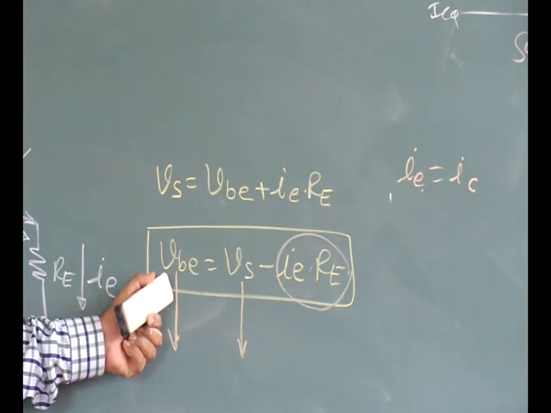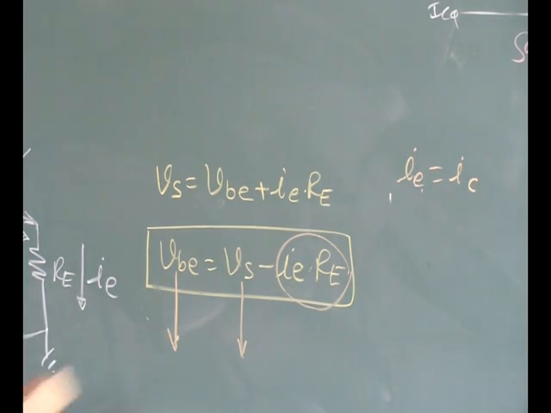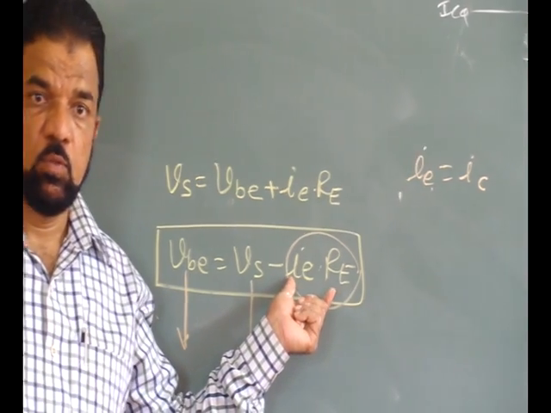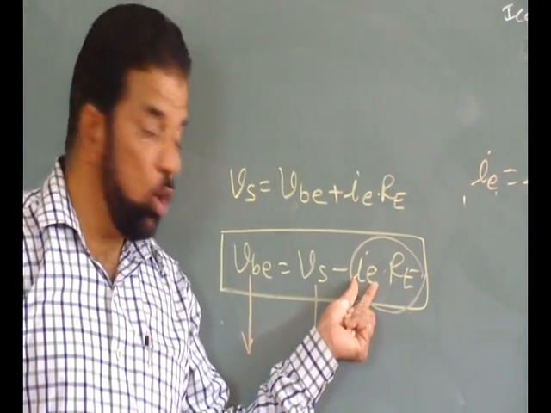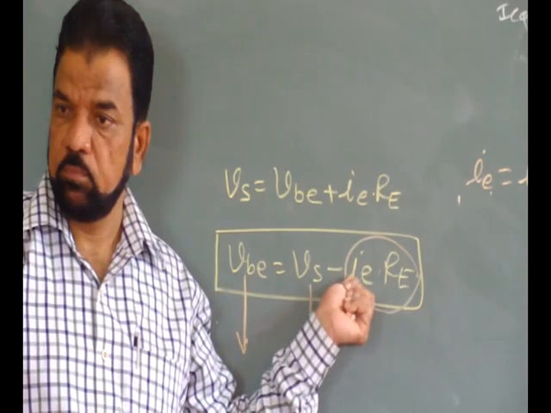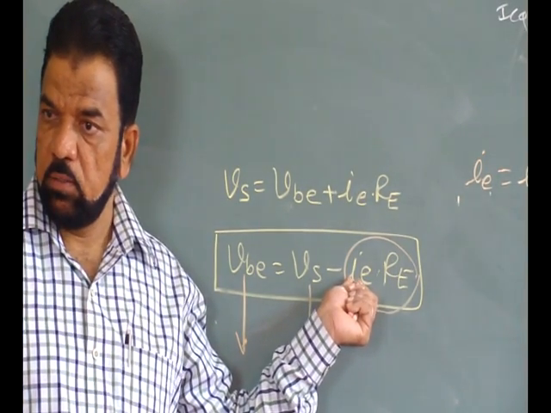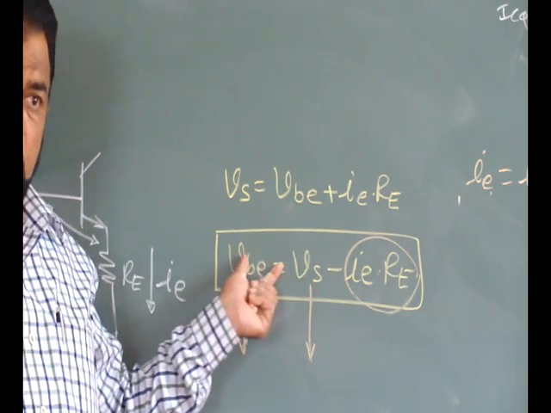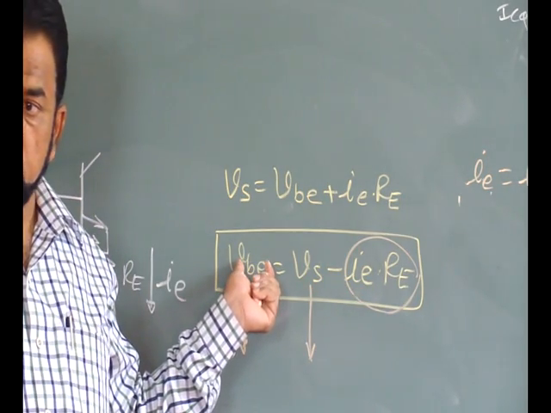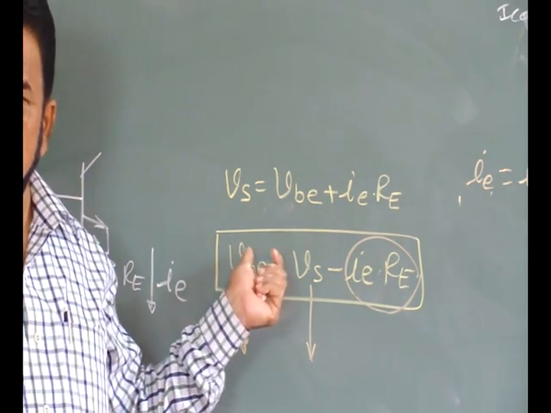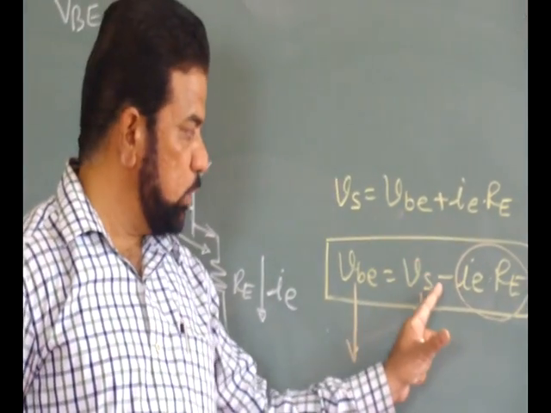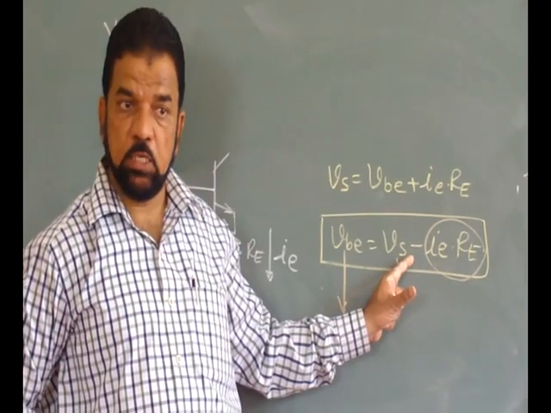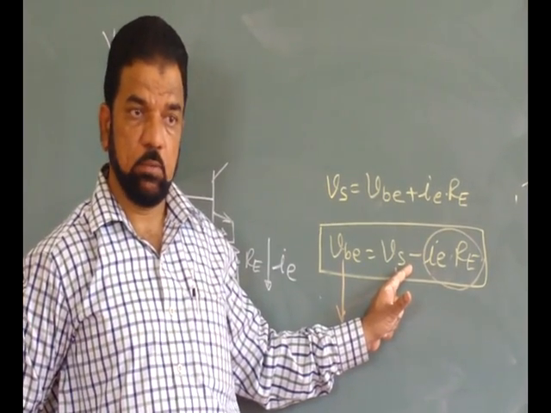VB is the input voltage, but this term is because of the output term I. Did you understand a bit? That means the output term is coming back to the input. That means there is a feedback. And whatever the sign is, this sign is negative. That means there is negative feedback.